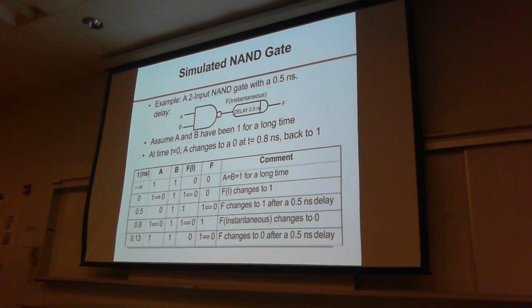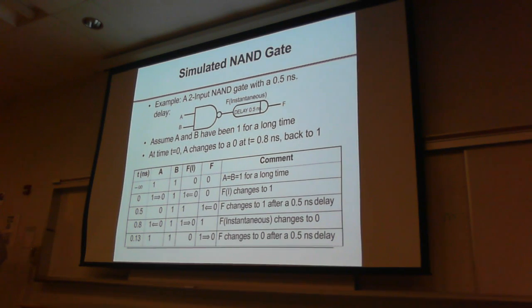Good. Okay. Then let's take a look at a different kind of gate. Let's take a look at our NAND gate. Okay, now in this definition here, we have this NAND gate. It has two inputs, A and B. It generates the opposite output of what you normally think of as an AND gate. And then I created this function that is containing this NAND gate.